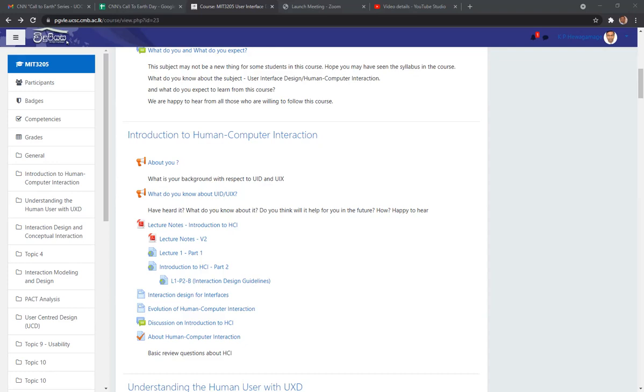So this is what we call experience. All of us have different types of experience. It's not the same experience. So the experience is something that changes the way we use things.